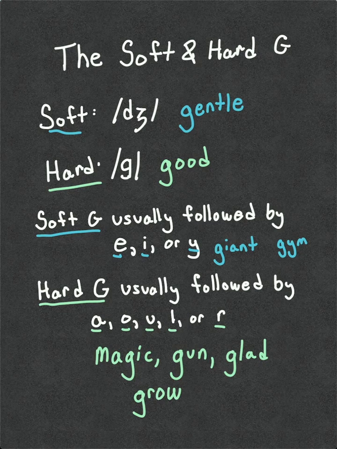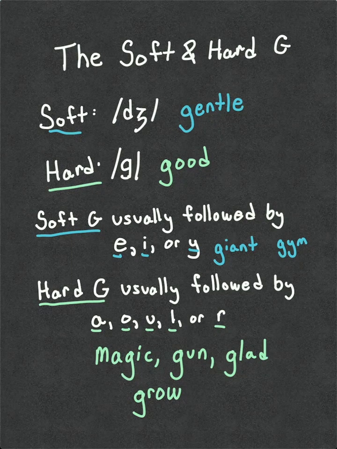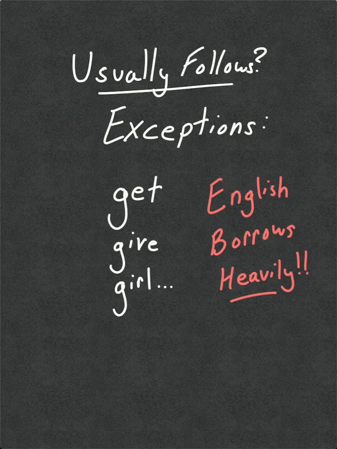As opposed to the hard G, which is usually followed by an A, O, U, L, or R. Magic, gun, glad, grow. And I say usually because there are too many exceptions to list here. Words like get, give, girl are all going against this rule.